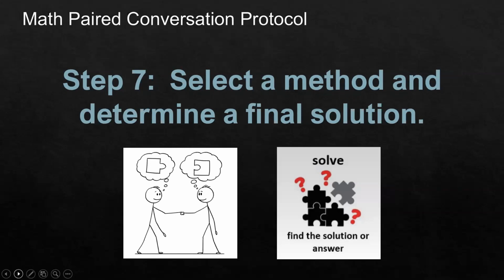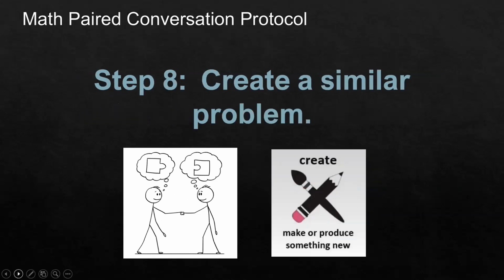You figured out which things were similar and worked well, and you can go back and tweak it and come up with an even better way. Or you may just use one of the ways you already tried. But however you decide to do it, together you select how you're going to solve this problem and you come up with the final solution together. Be ready to show and explain your work.